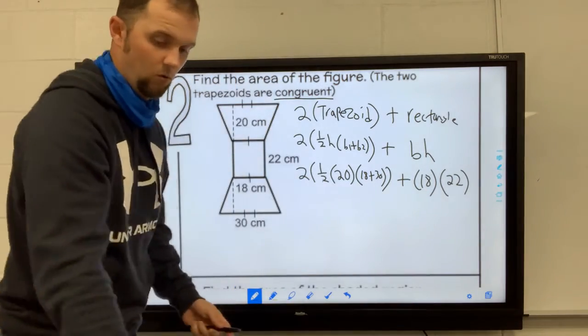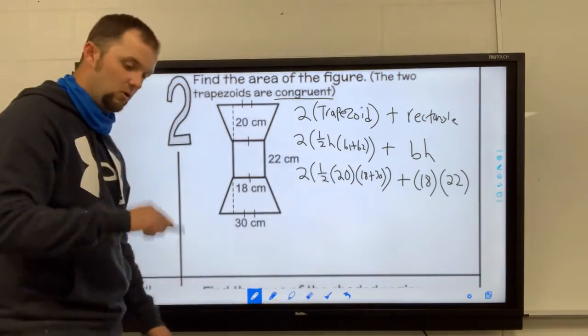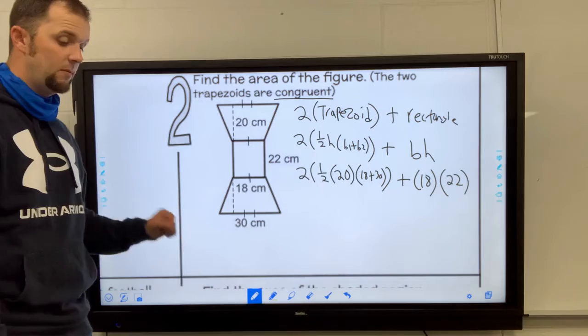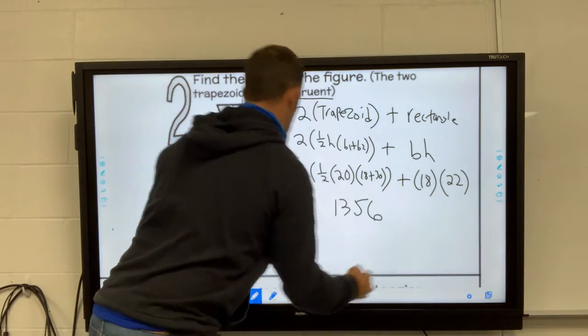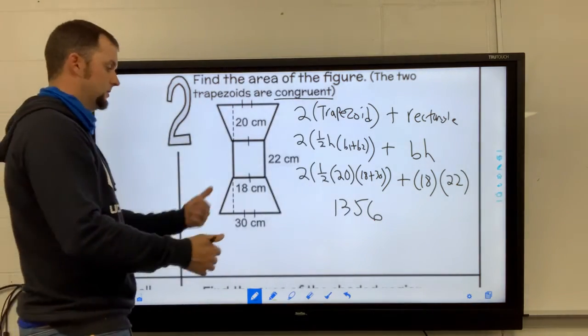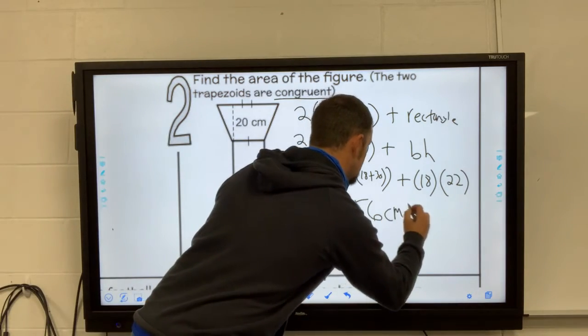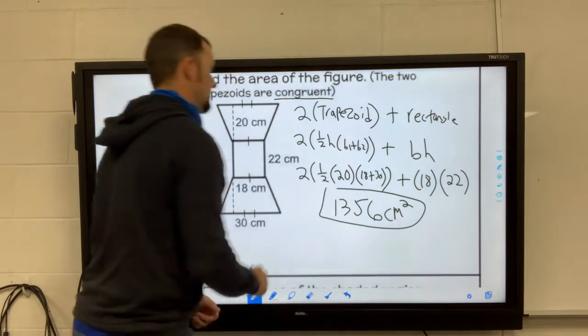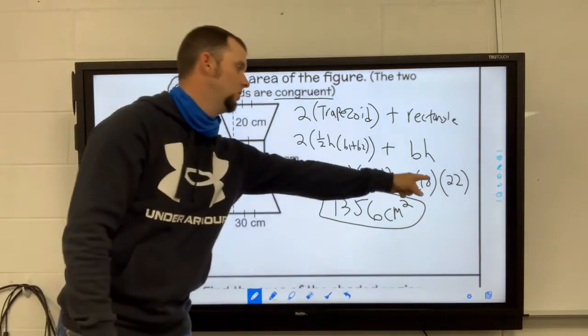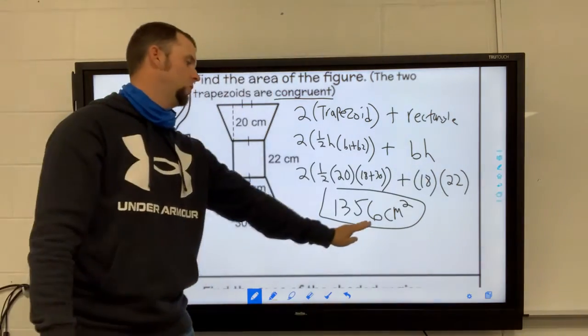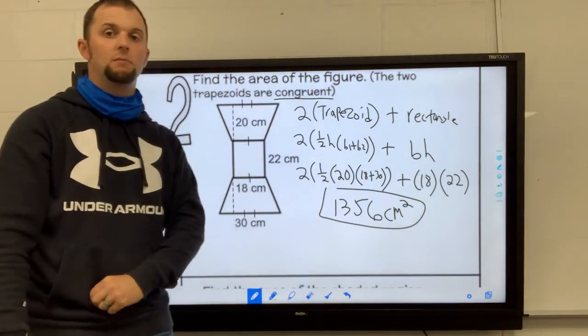So let's go ahead and do that real quick. After I multiply this whole thing out, it's going to end up giving me 1,356. And remember, we're dealing with area, so that's going to be centimeters squared. So again, 2 trapezoids, 1 rectangle, add it all together, gives me 1,356 centimeters squared.